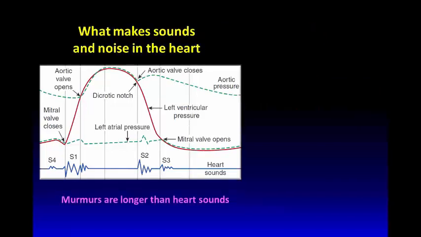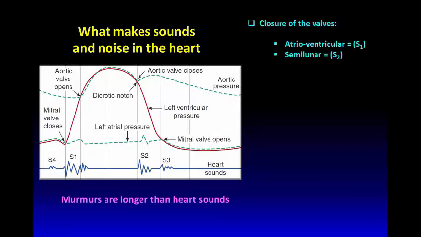Sounds or noise can be produced in the heart normally as a result of closure of the valves, as we mentioned in the previous slides. Closure of the AV valves produces S1 at the beginning of ventricular systole, and closure of the semilunar valves, the aortic valve and the pulmonary valve, produces S2 just after the end of ventricular systole and at the beginning of ventricular diastole.